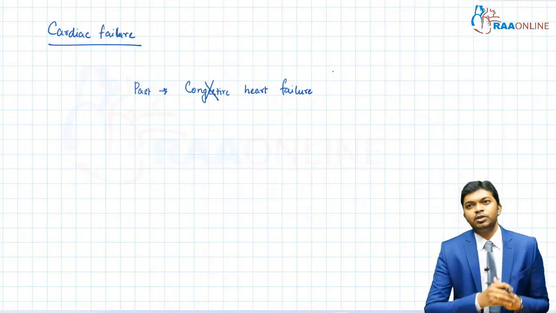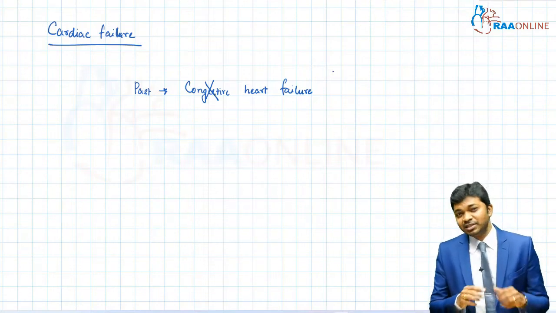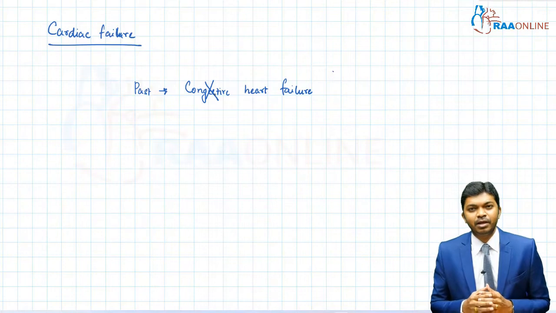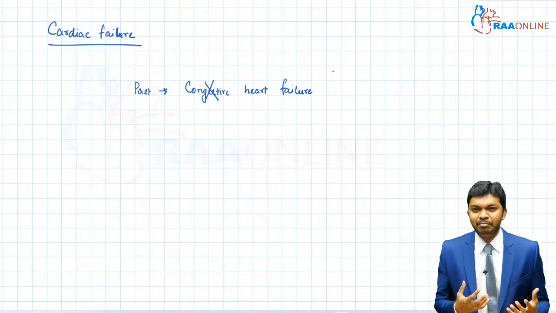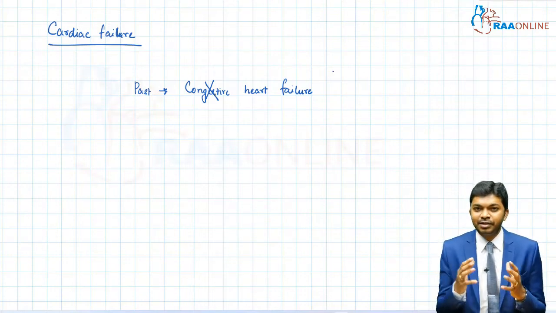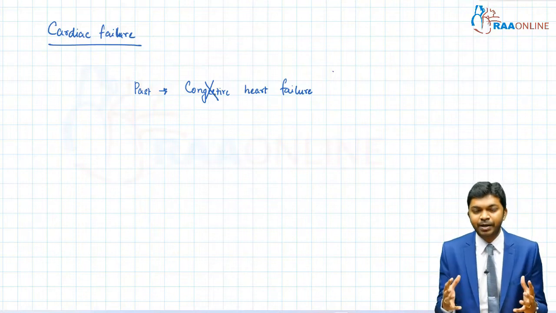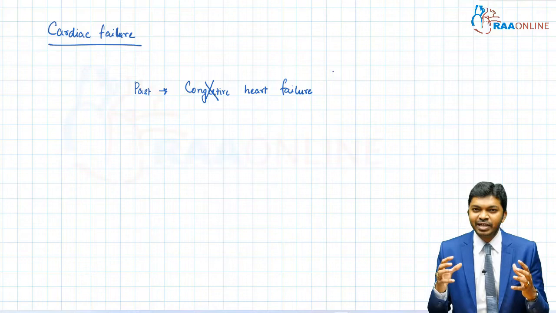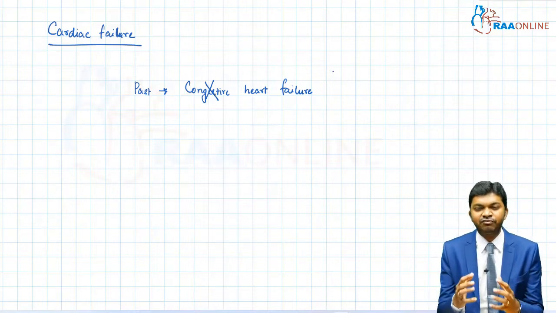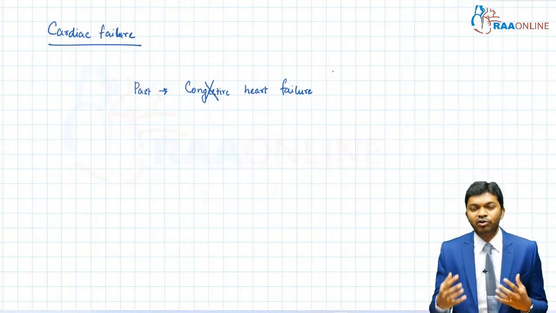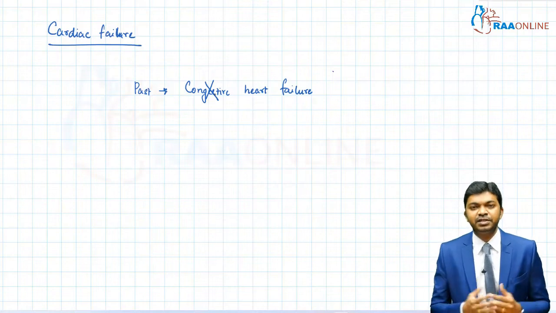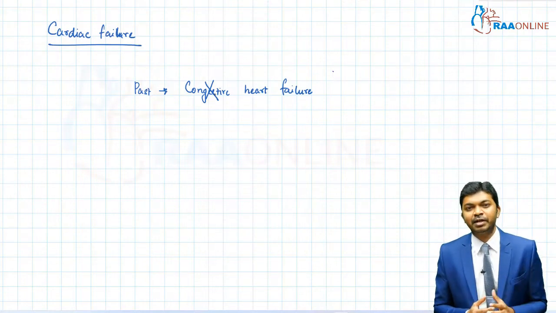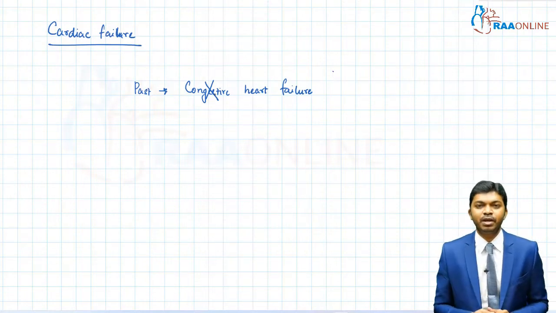Got it? So you need to know what congestion basically means. It's nothing but a tissue that gets flooded with blood. So any tissue or organ, if it gets congested with blood, if it gets stuffed with blood, it's going to throw off its own manifestation, and that we describe as congestive symptoms.